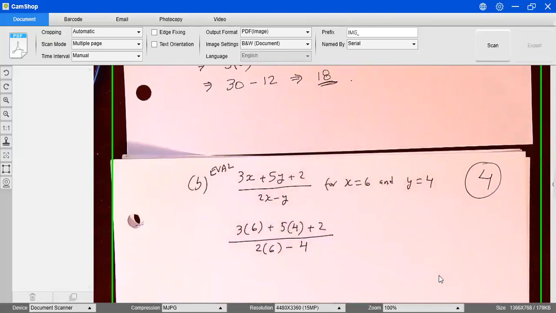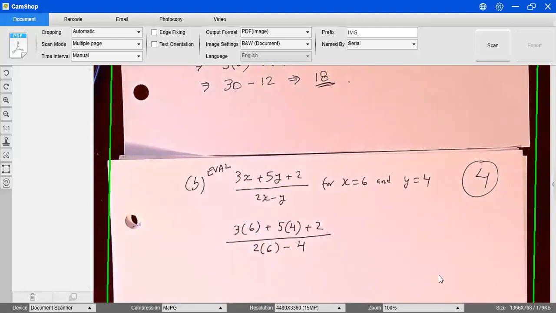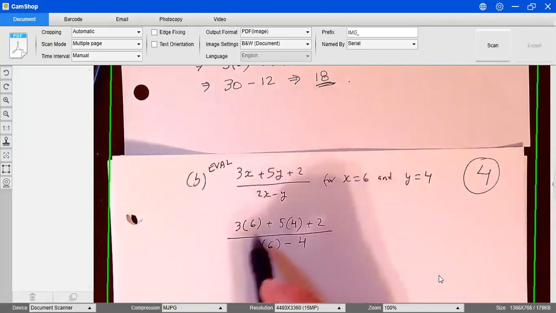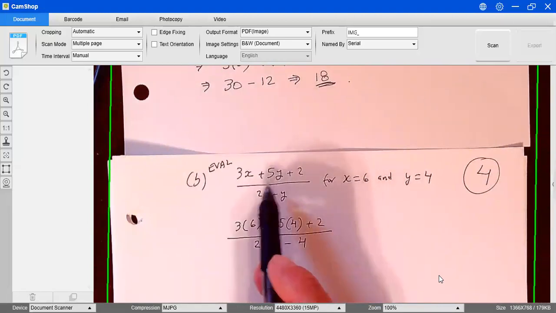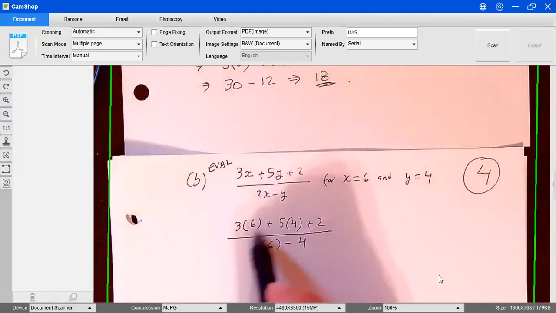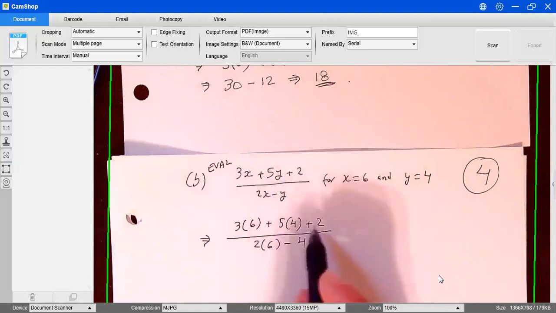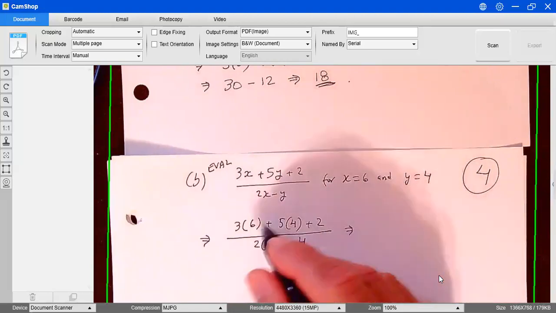So I replaced every x with 6 and every y with 4. Now I have an arithmetic expression. So this was an algebraic expression. Now this is an arithmetic expression. I just need to remember the order of operations. So I'm going to work the numerator first.